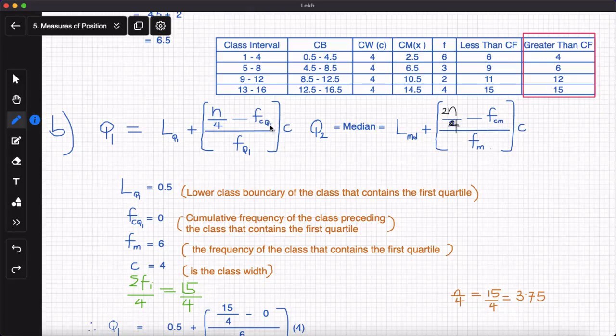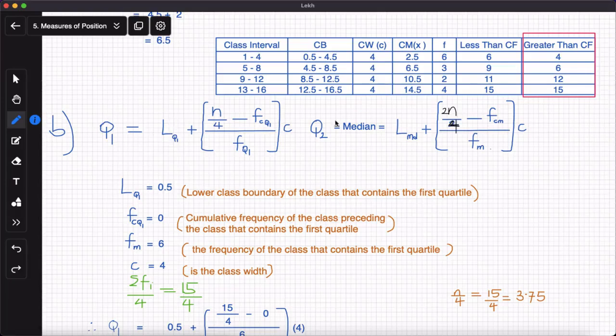If you permit me to say it that way, the class of the first quartile. Then this one is the frequency of the quartile class, and this one is the lower class boundary of the quartile class.